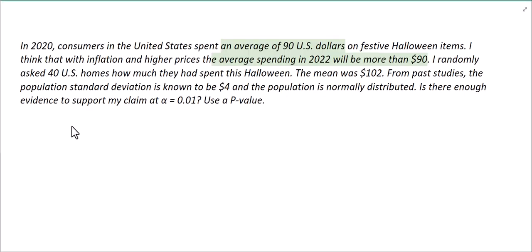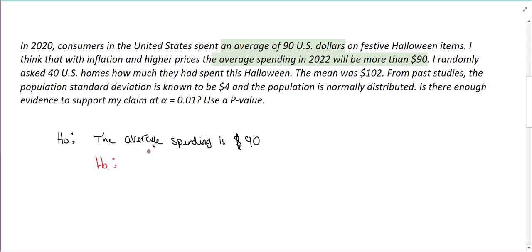So for the null hypothesis, in words, we can say the average spending is 90. And in symbols, that's mu. So mu is equal to 90. So that's our null hypothesis. And then the alternative hypothesis is my claim that the average spending is more than 90.